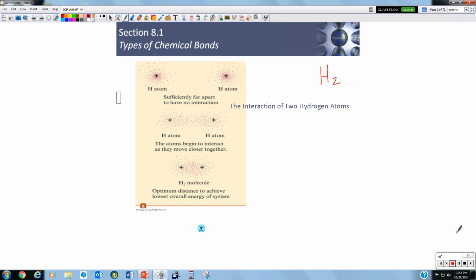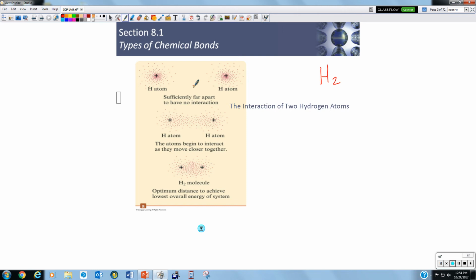All right, so we know that the natural state for hydrogen is to be in a diatomic molecule. So when we're looking at two individual hydrogens that are not combined, this is not a stable position for them.